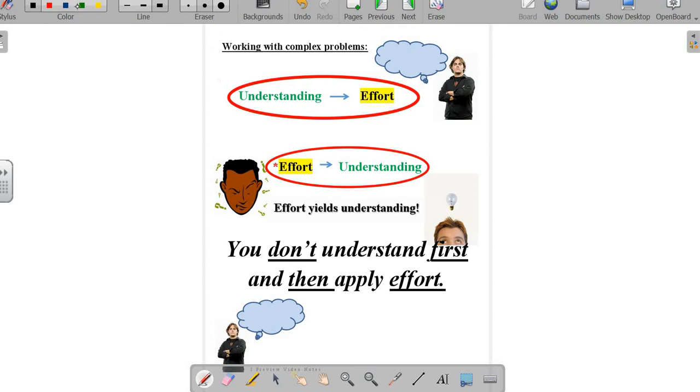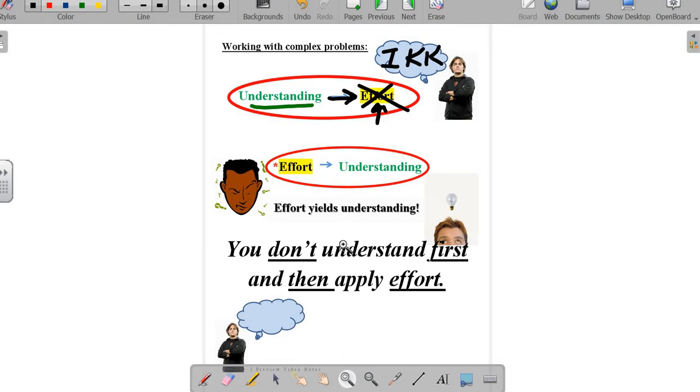Many of you believe that before you can put forth any effort, you first have to understand. So before you attempt to do a problem or give effort, you feel you must understand it. So the second you hit the I don't know feeling, many students simply stop giving effort.